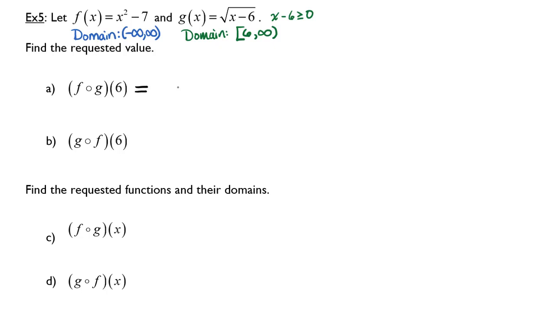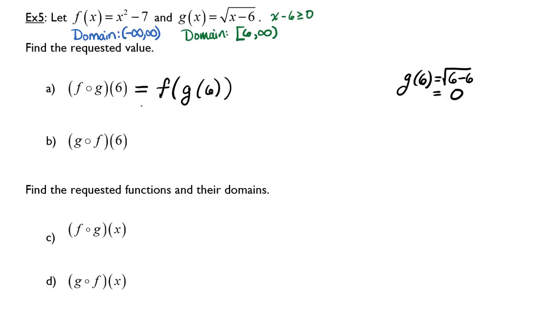F composed with g of 6 can also be written f of g of 6. If we calculate g of 6, we get the square root of 6 minus 6, which gives us 0.